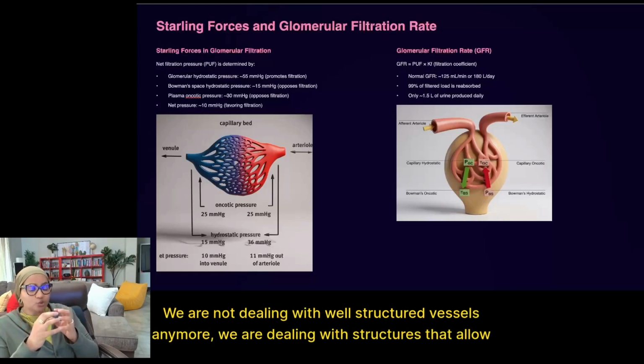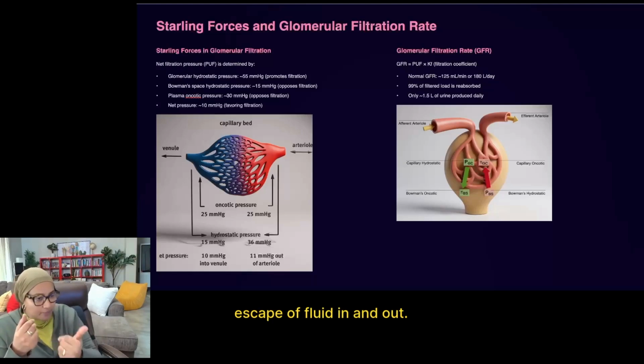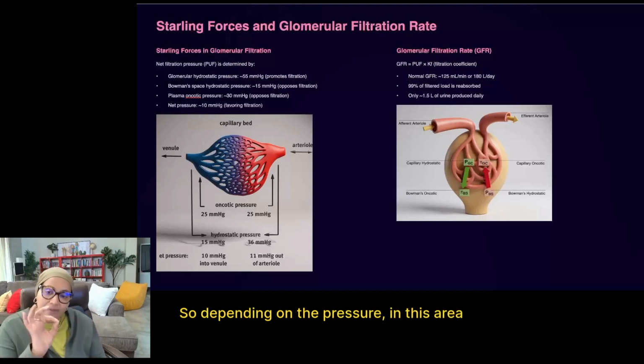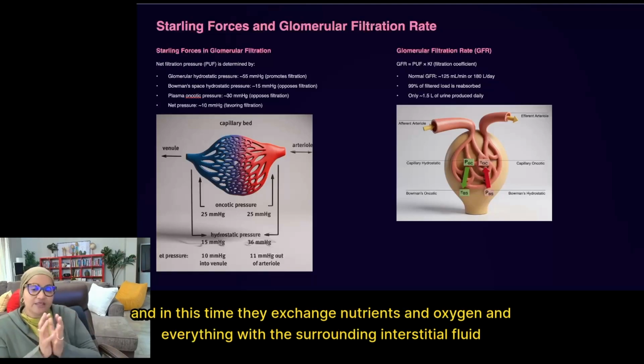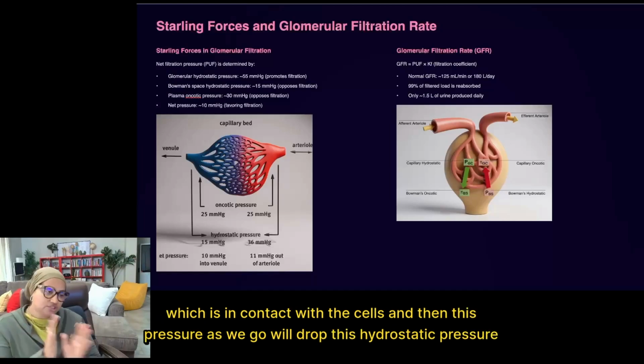We are not dealing with well-structured vessels anymore; we are dealing with structures that allow fluid to escape in and out. So depending on the pressure in this area of the capillary bed, fluids are pushed out to roam in between cells and in the interstitial space. In this time, they exchange nutrients and oxygen with the surrounding interstitial fluid, which is in contact with the cells.